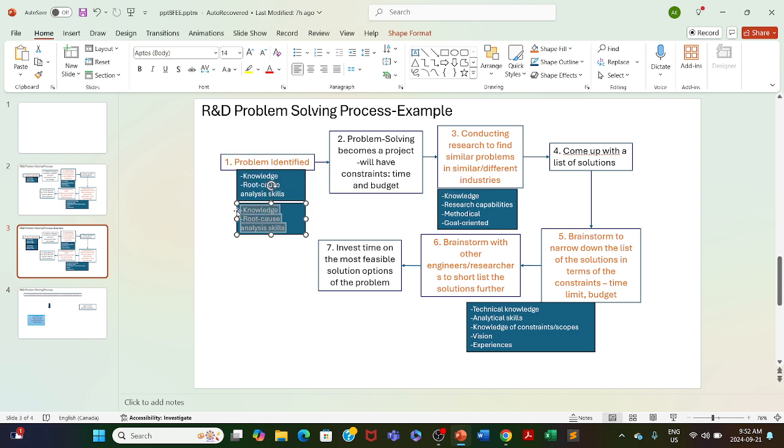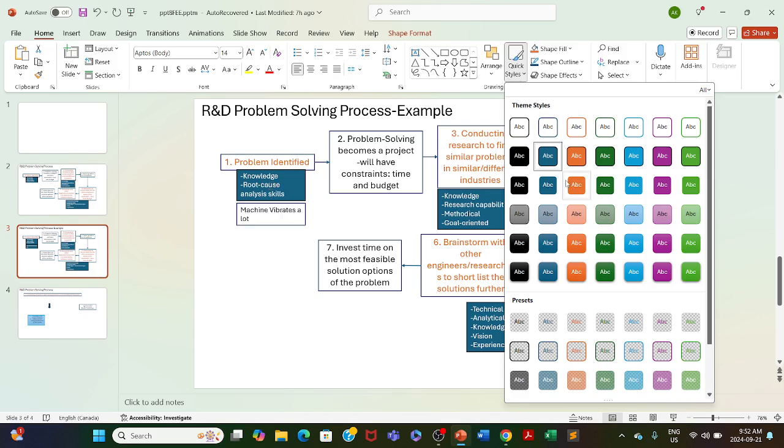The problem would be: machine vibrates a lot. I'm going to make it another color.